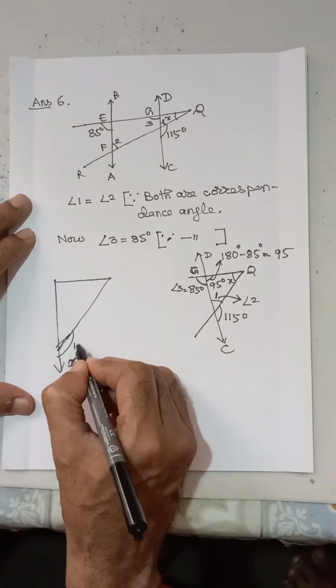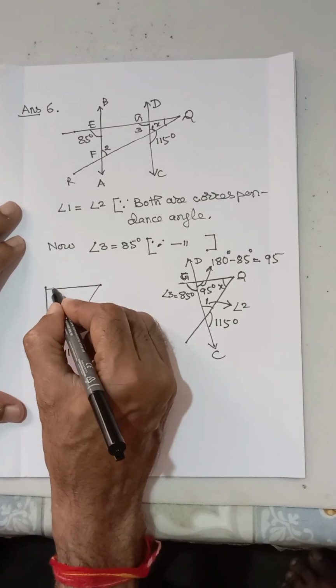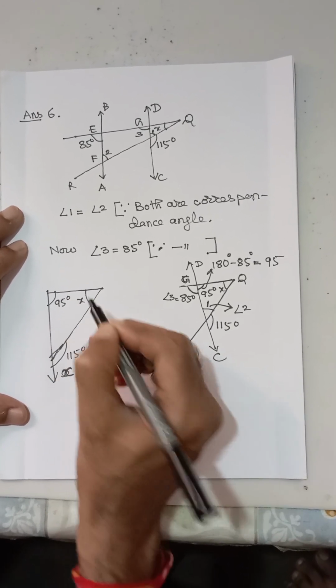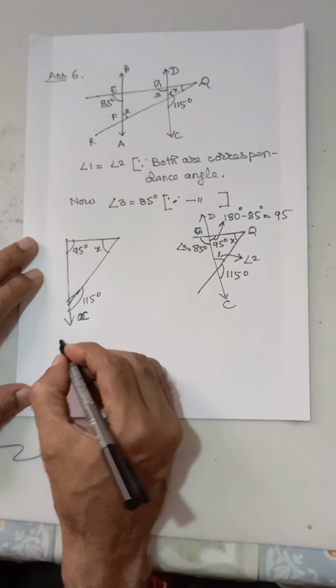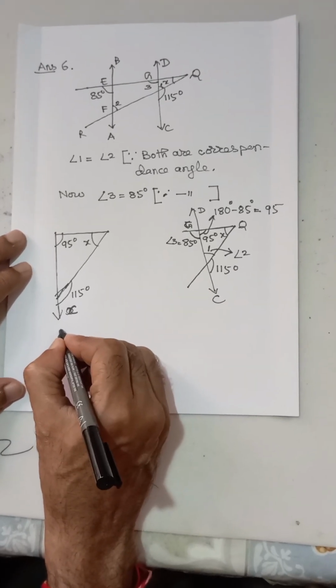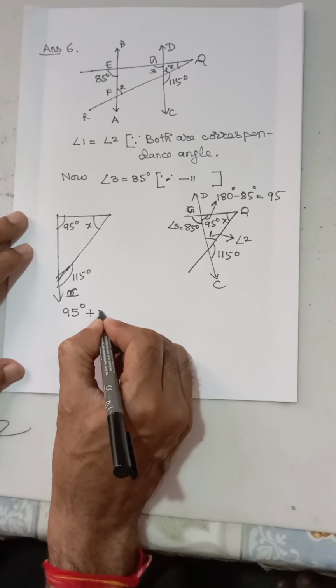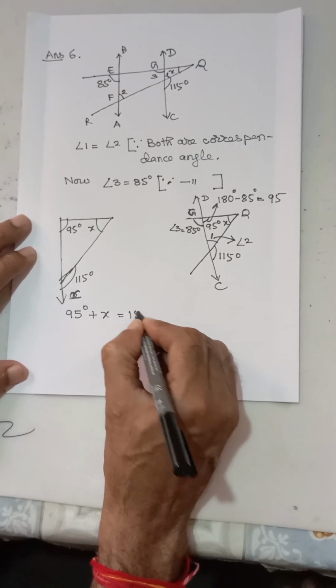This angle is 115 degree. This angle is 95 degree. And this angle is angle X. We know now 95 degree plus X will be equal to 115 degree.